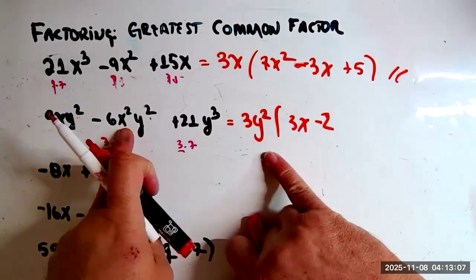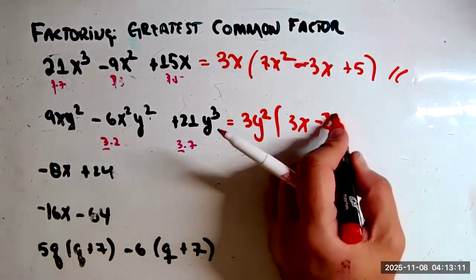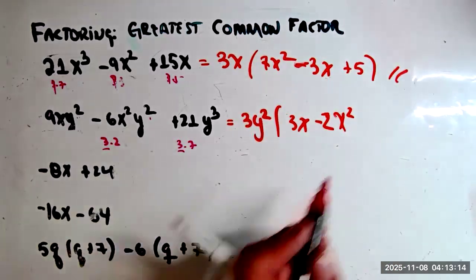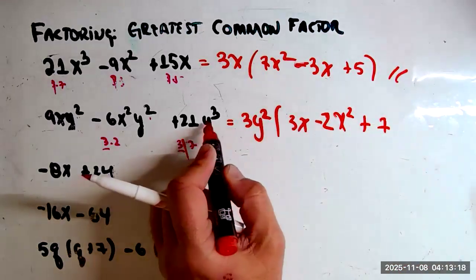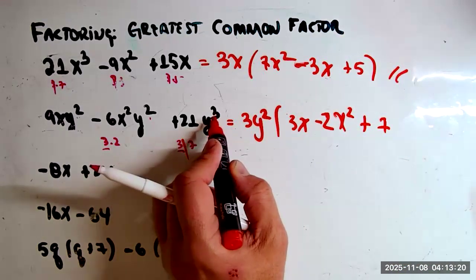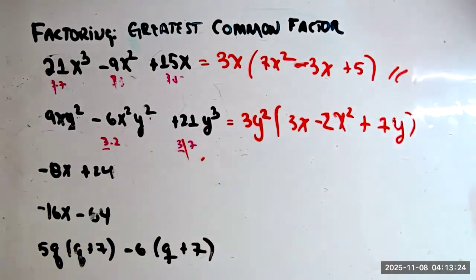For x squared, we didn't factor any, and we factor y squared. That would be minus x squared. Plus, we factor the 3, so we still have the 7. We have y to the 3. We factor out y squared, so I still have 1y. That would be it.